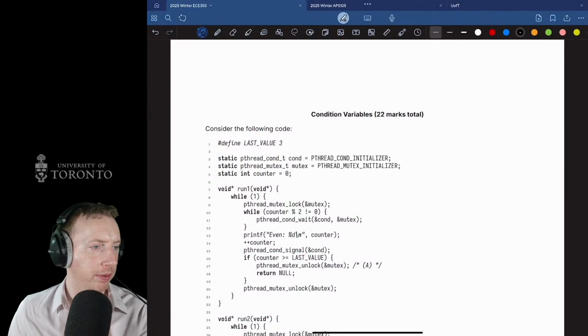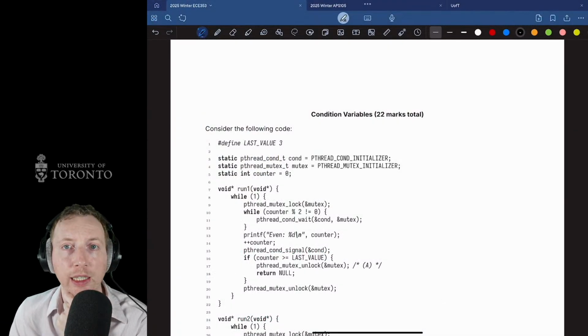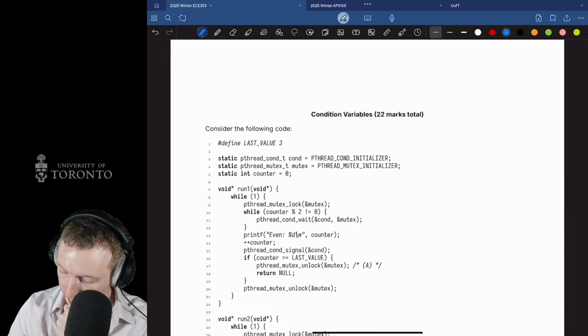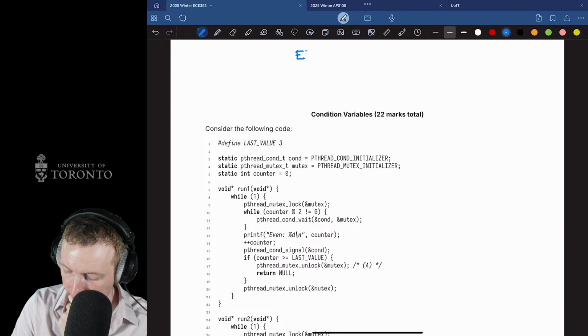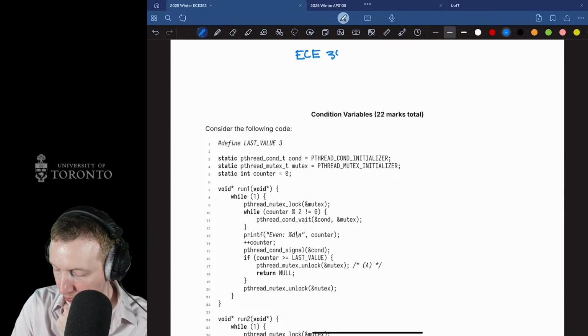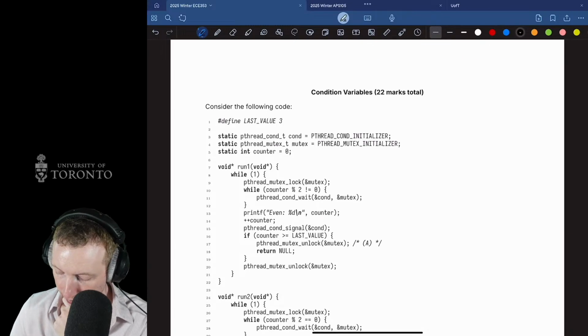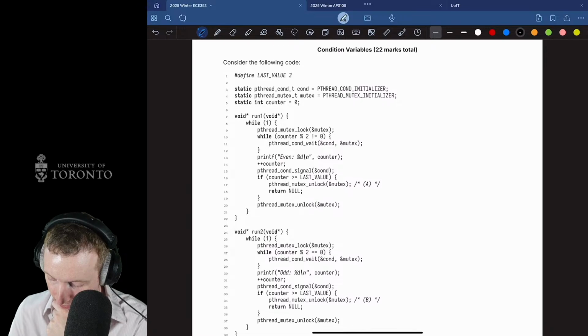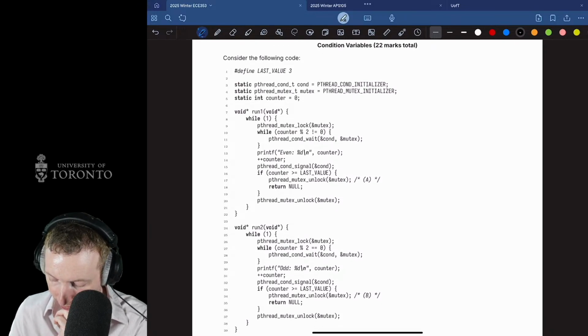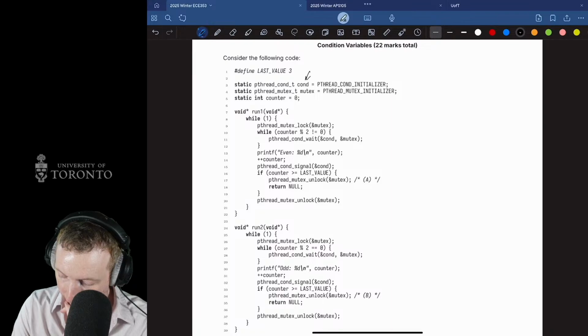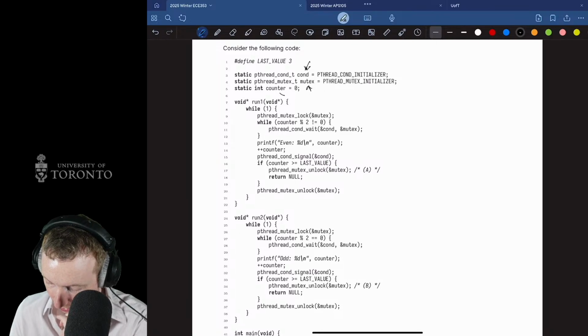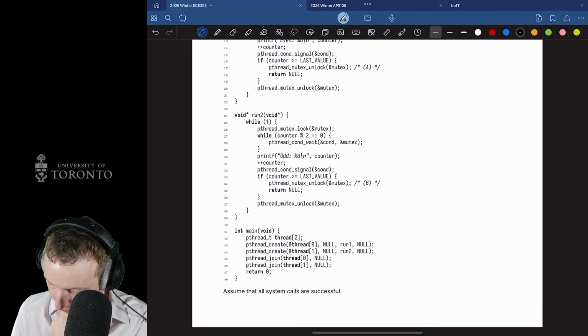All right, so we want condition variables for the ECE. I'll just write it here. So this is the ECE354 2024 fall final. So condition variables. Consider the following code. So we have something with the last variable. We have 1 condition variable, 1 mutex. We assume they're initialized, and then a counter. Then we have a whole bunch of code we'll just ignore for now.